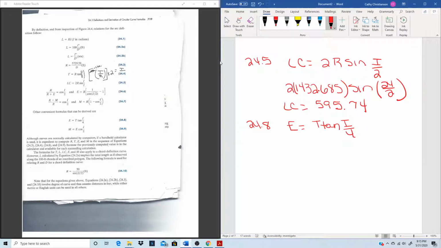So our T is 304.567, times tangent of I, which is 24, divided by 4. E would be 32.01.